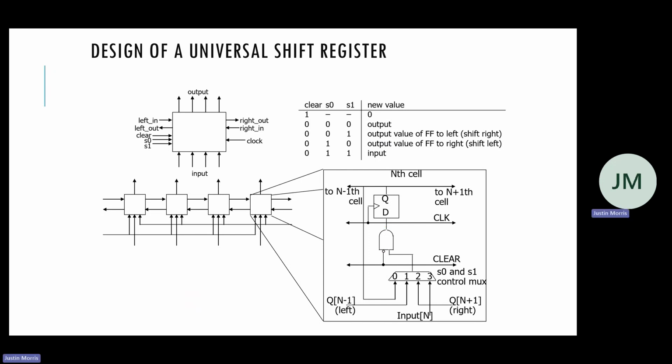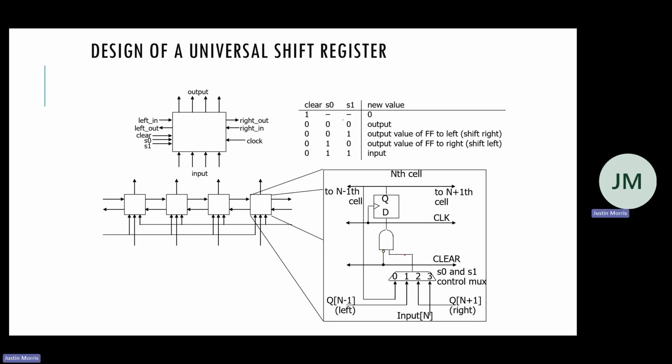And if clear is 0, it becomes 1 here. And then our input into the flip-flop just becomes the output of this mux, because 1 and with this, whatever this is, just becomes what that is.